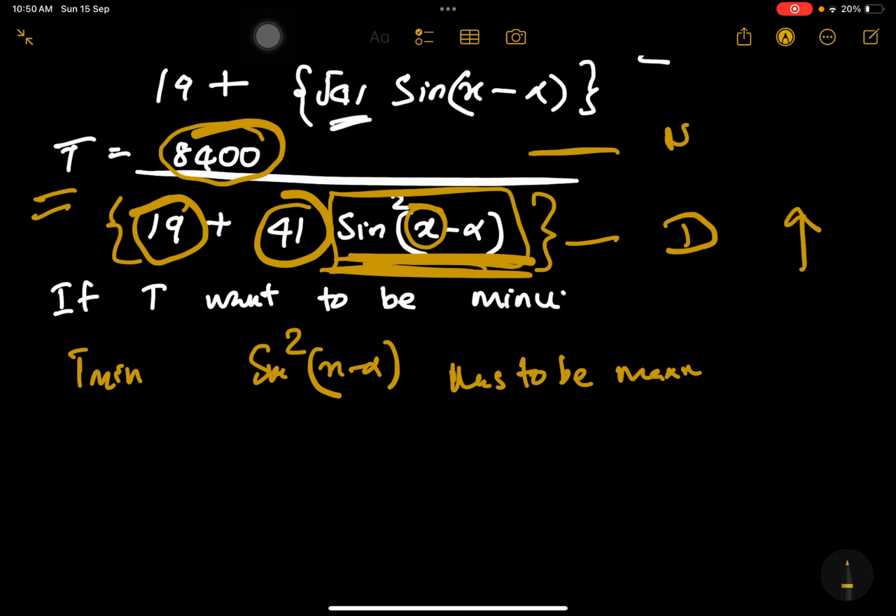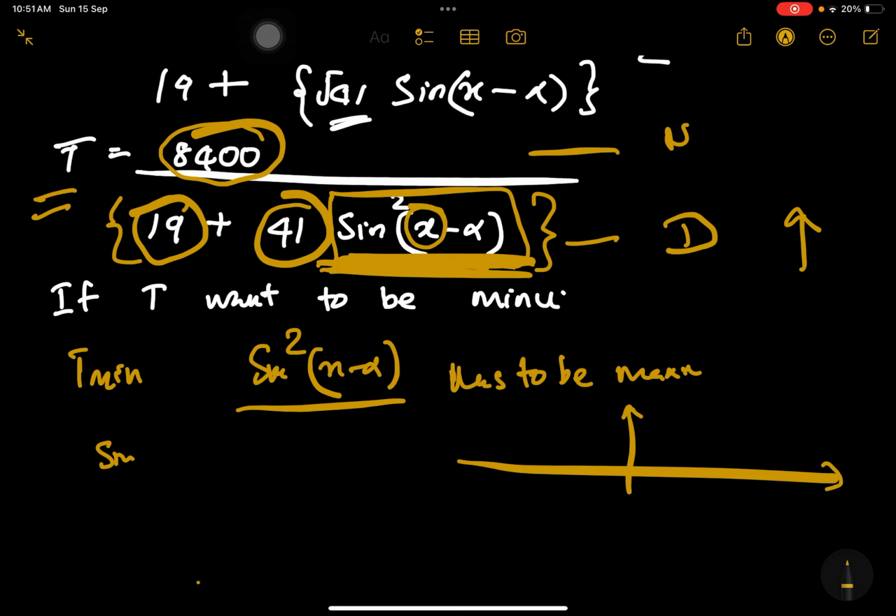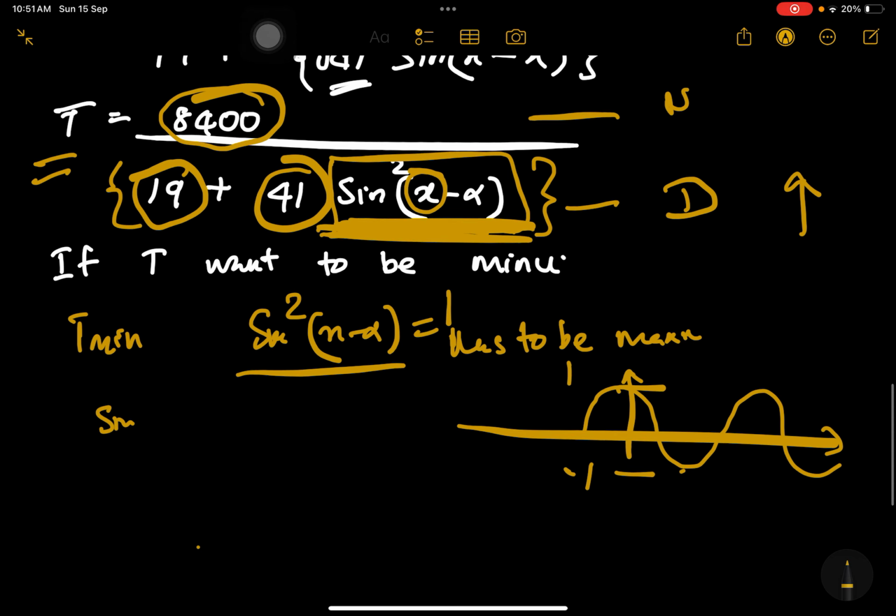The only part changing is sine squared (x minus alpha), so that has to be maximum. What is the maximum of sine? If you take the sine graph, the maximum is 1, because it changes between minus 1 and 1 and doesn't go beyond. So this is 1.